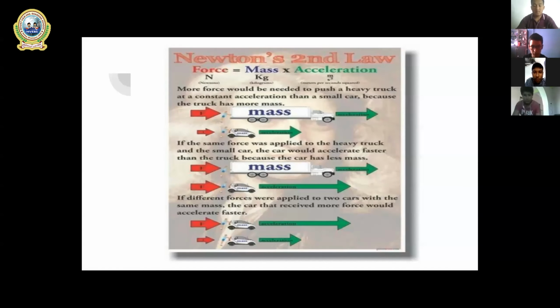For today, this much. In today's class, we discussed for long about Newton's first law and Newton's second law. Let me request all the students, first of all, you must be familiar with the statements. What does Newton's first law of motion state?